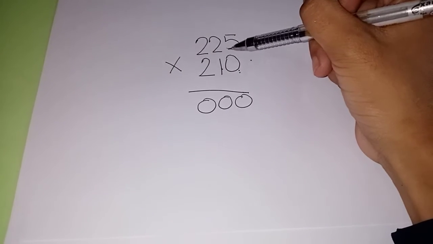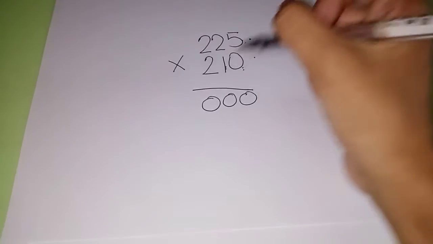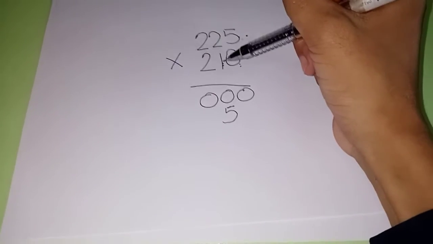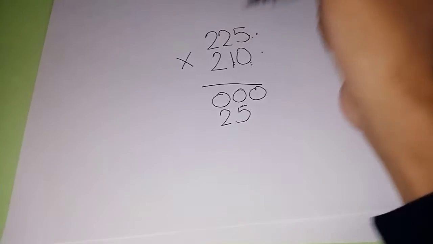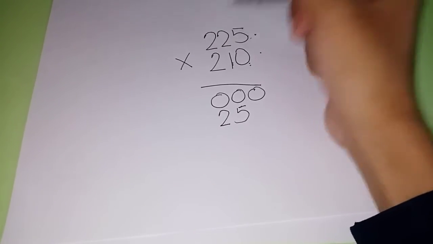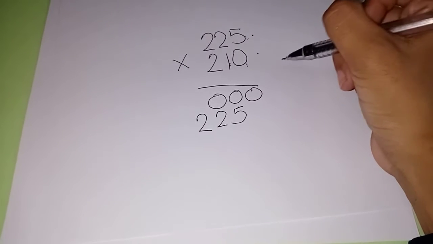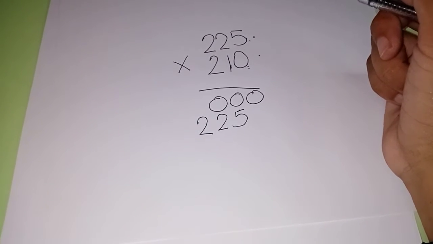Just like this one. 1 times 5 will equal 5. 1 times 2 is equal to 2. 1 times 2 is also 2. So that is what we call the identity property of multiplication.